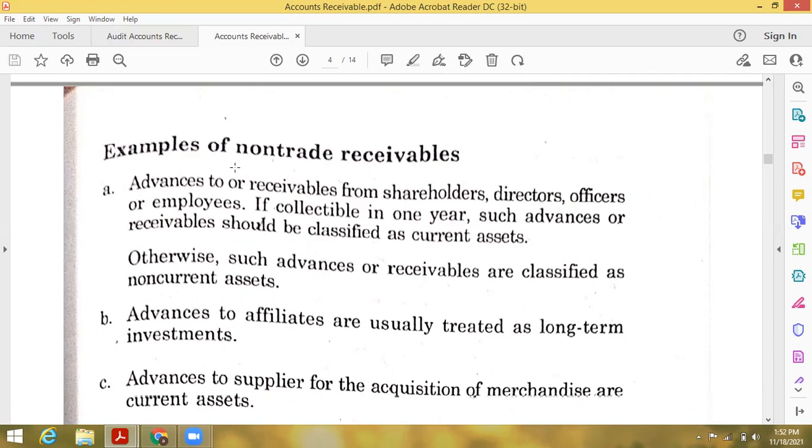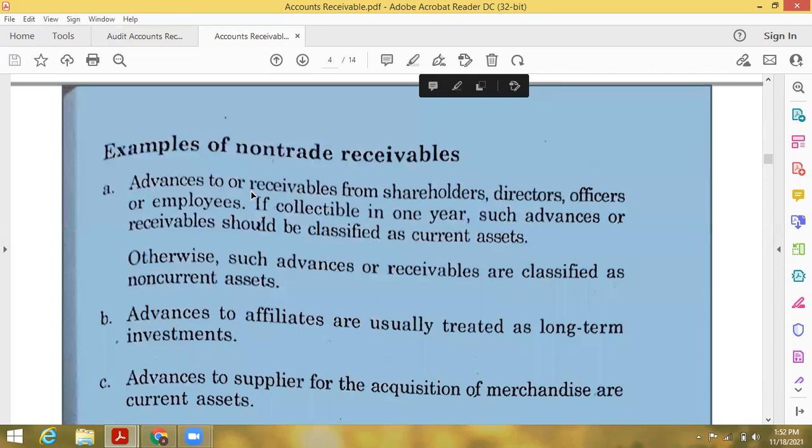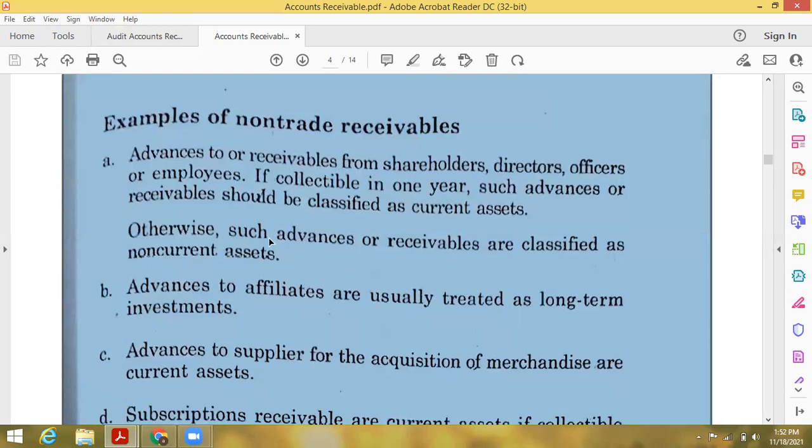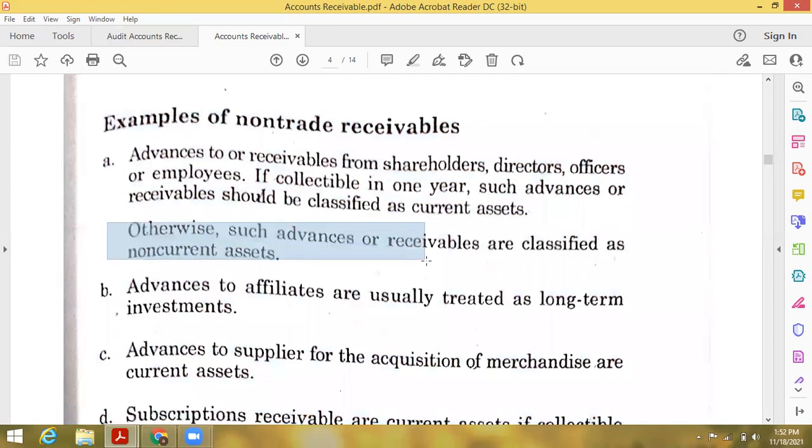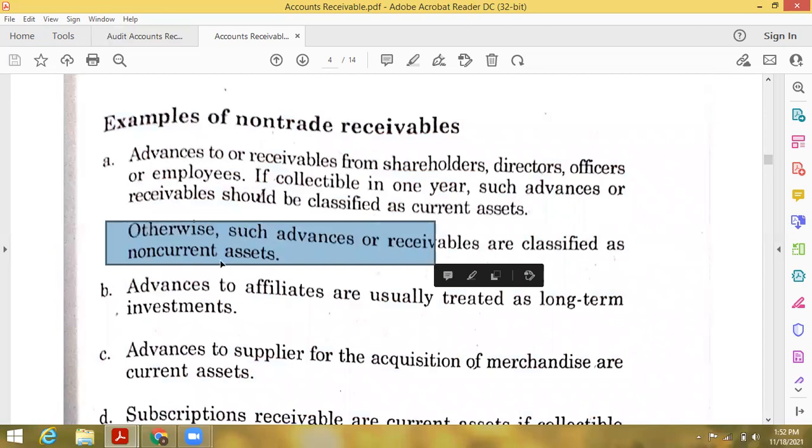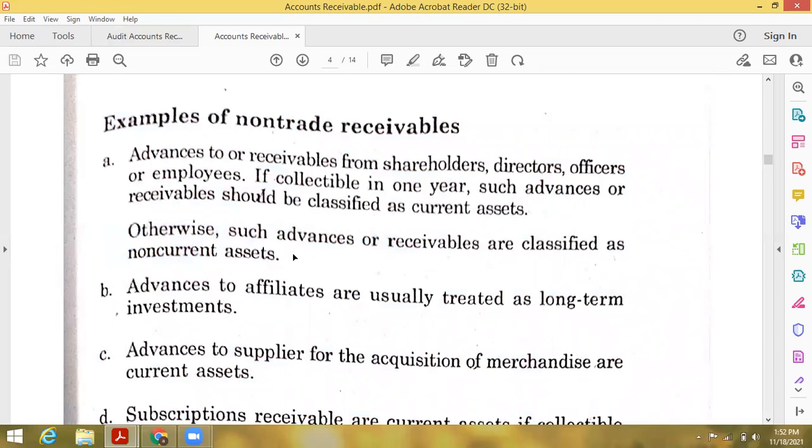If it's collectible within 1 year, it should be classified as current. But if it's not collectible within 1 year, it is classified as a non-current asset. Okay?